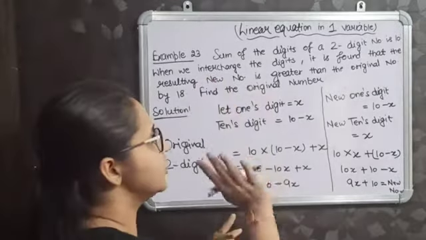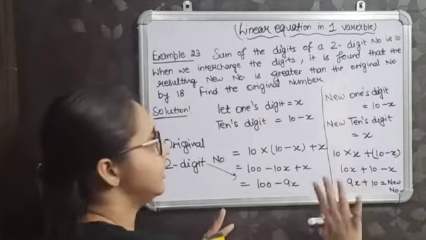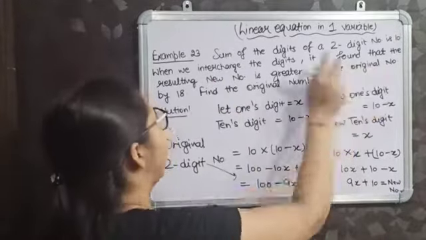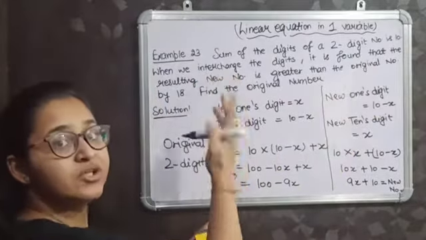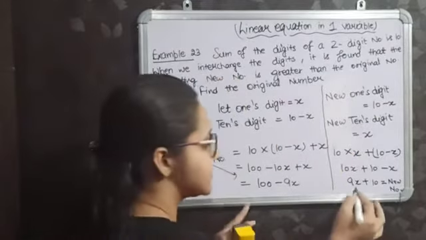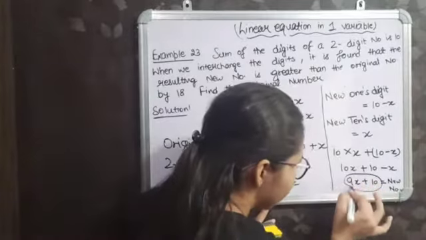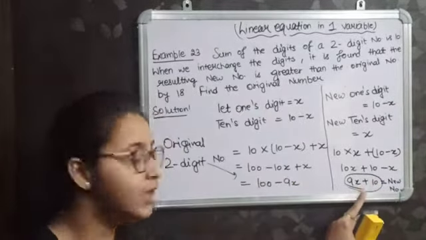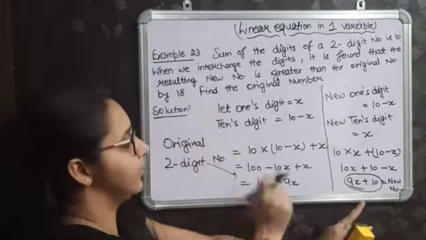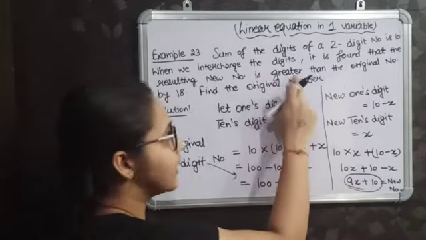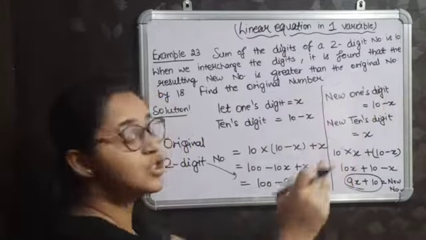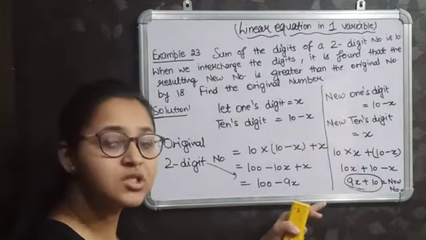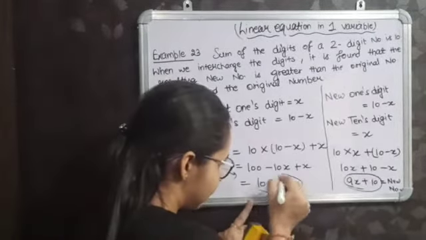When we interchange the digits, it is found that the resulting new number, which is the resulting new number? The resulting new number is 9x plus 10. Okay. This resulting new number is greater than the original number. Which was the original number? This.